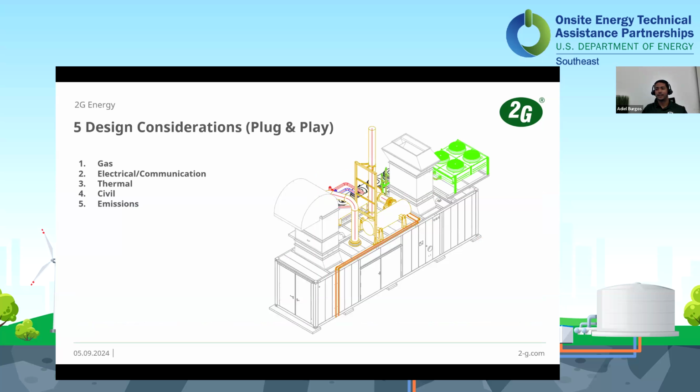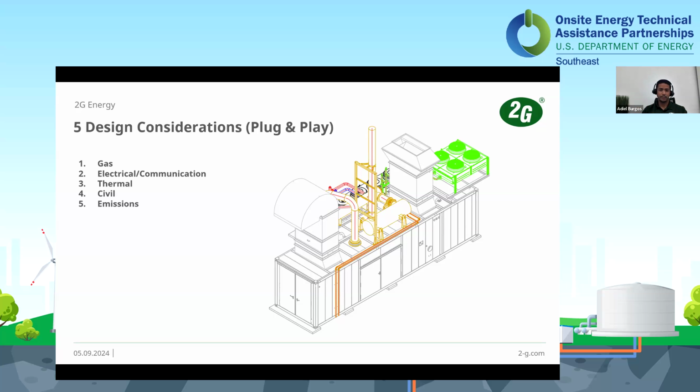One of the nice things of having very standard solutions within a wide range is we simplify the design considerations with our customers. Meaning, you just need to worry about gas flow and pressure, interconnection for the electrical communication, which is Modbus through Cat5, thermal considerations.